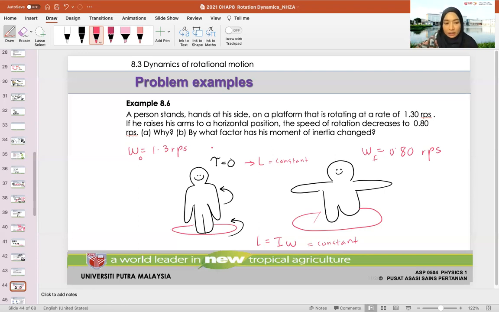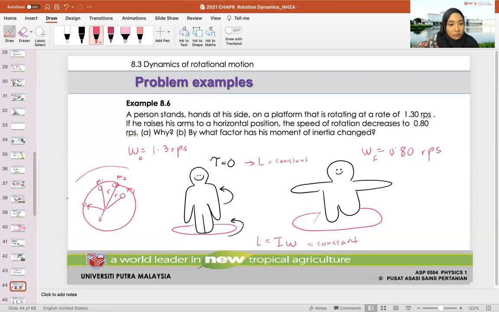Remember, I kita define as when we have one whole object, we wanted to know what was all the R of the particles inside the object. And each particle ada mass masing-masing, and we didn't want to calculate that.